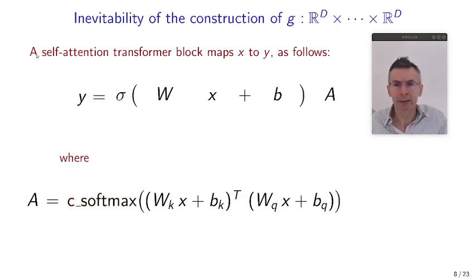That is a self-attention transformer block that maps x to y as follows. It takes the x, it does a simple neural net calculation of it, and then it multiplies by this matrix A, which also depends on x and is constructed in the way that we just saw. And that's it. It seems to me that there weren't many design choices we could have had in there.